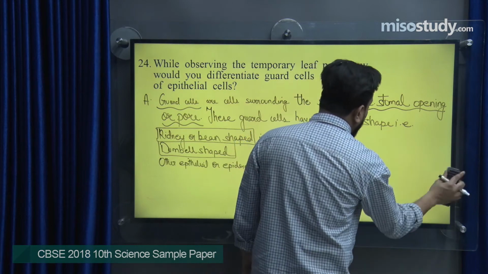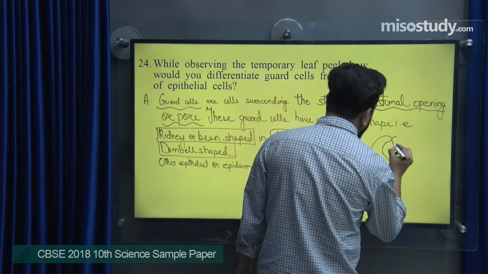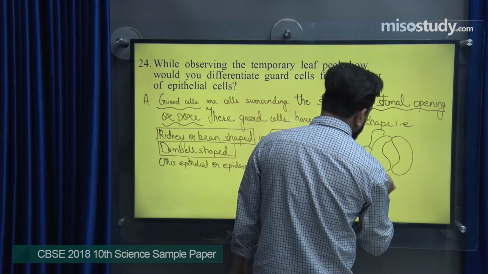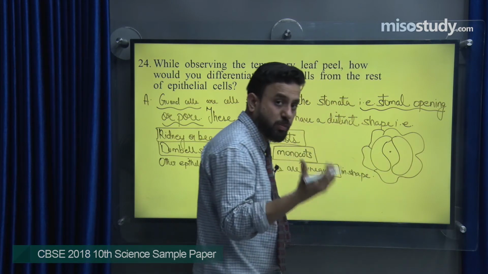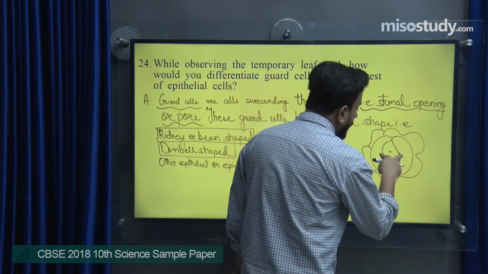For example, I'll draw this diagram again. So this is the stomatal opening or pore, the stomata. Surrounding the stomata are the two guard cells over here, which are kidney shaped.